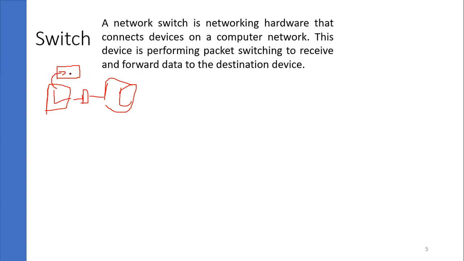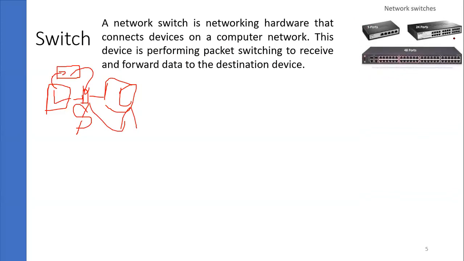This packet contains numerous pieces of information, as I previously told, and the switch performs the required activity. The switch does packet switching to receive and forward. It receives the data and forwards it to the relevant place.